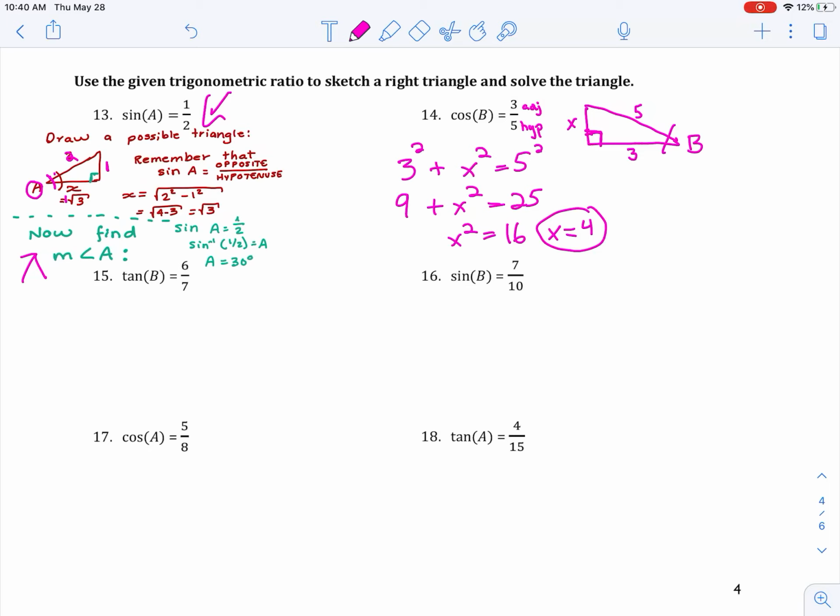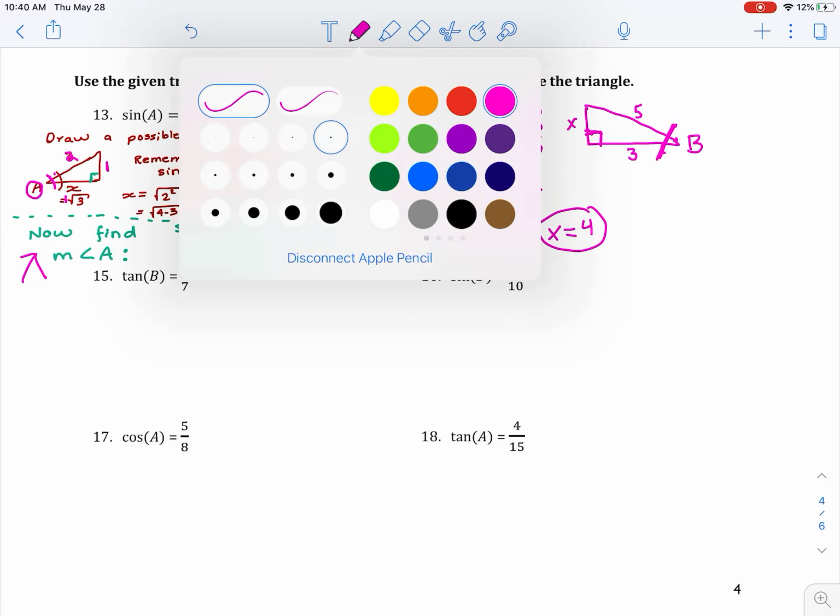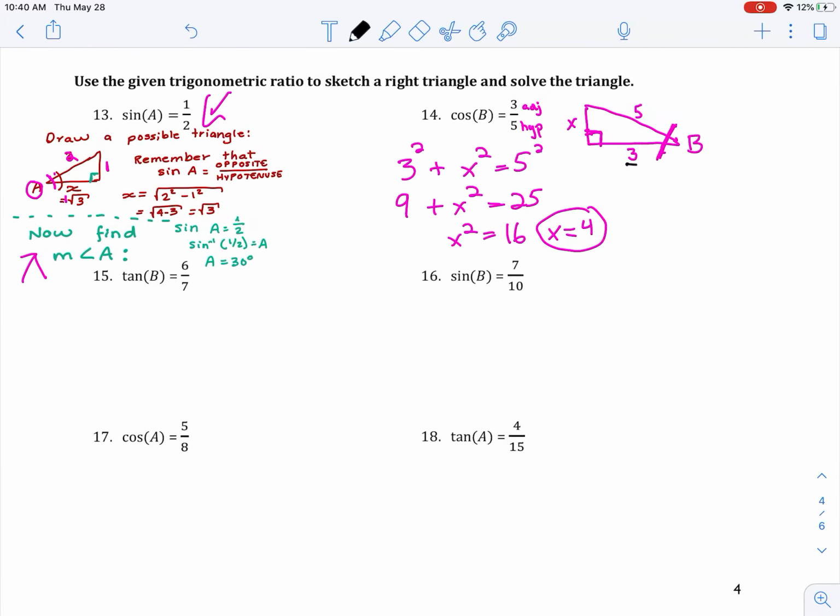So remember, with angle B, you're going to use the inverse. If I look at this from angle B, because that's the angle that I want, I would ask myself, okay, what is 3 from angle B? It's the adjacent. And what's 5? It's the hypotenuse. So which one is adjacent and hypotenuse? It's cosine.